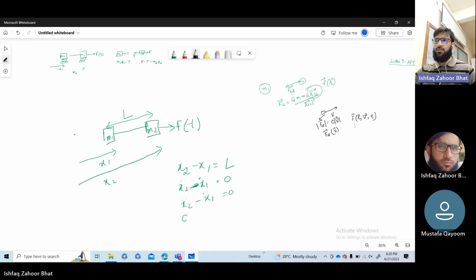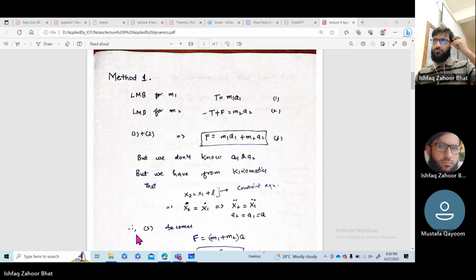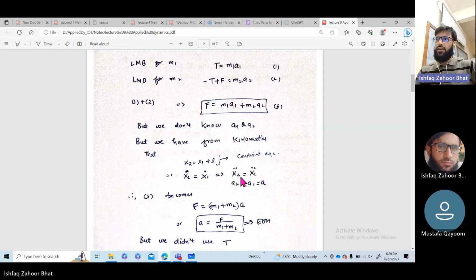X2 double dot is the acceleration of mass 2 and x1 double dot is the acceleration of mass 1, so a2 equals a1. Since x2 minus x1 was a constant, the accelerations a2 and a1 are the same.